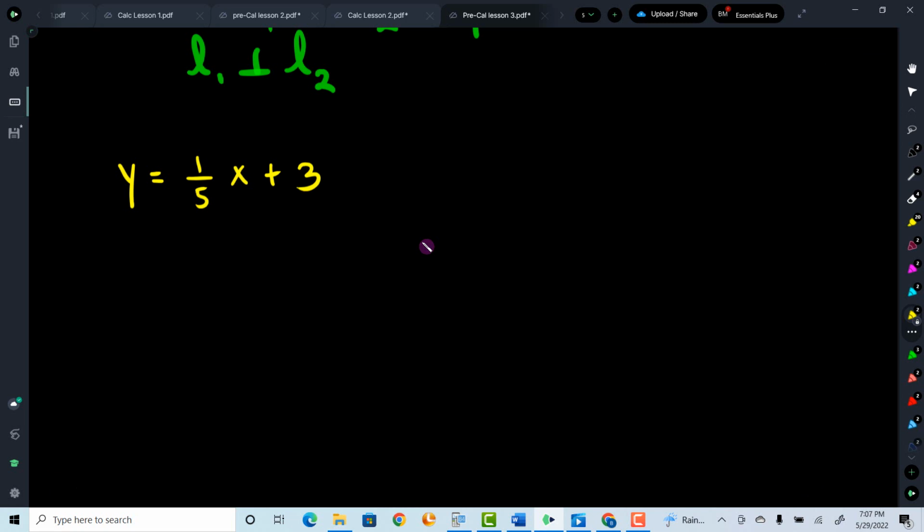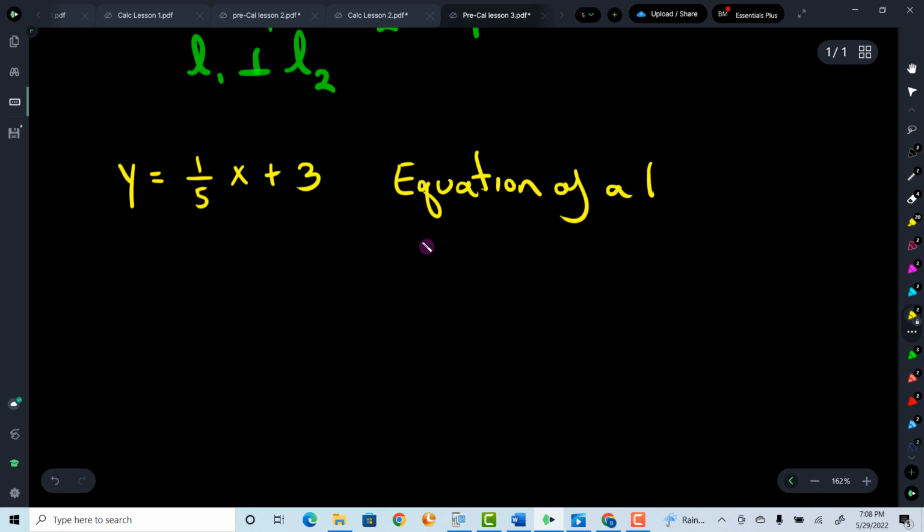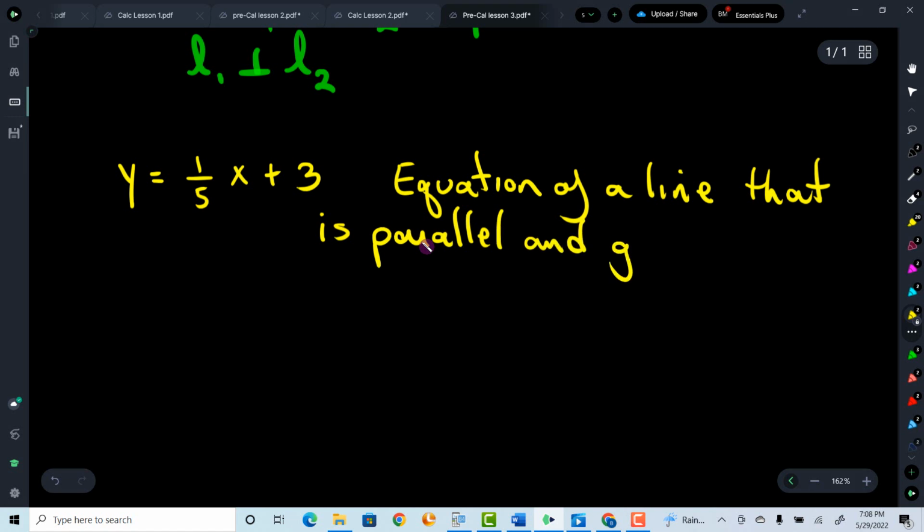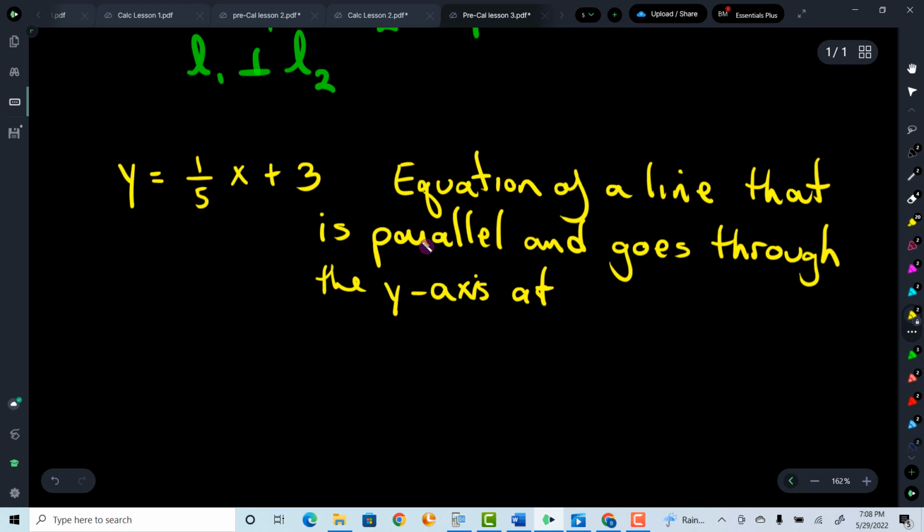I want you to give me the equation of a line that is parallel and goes through the y-axis at 0, -2.